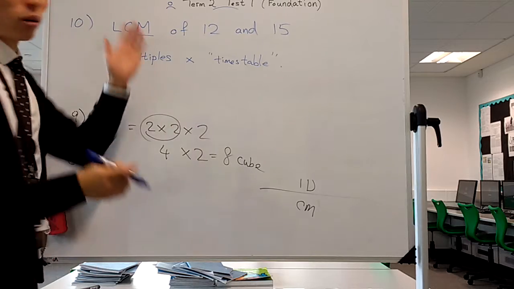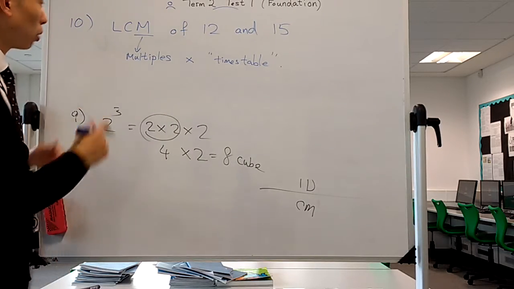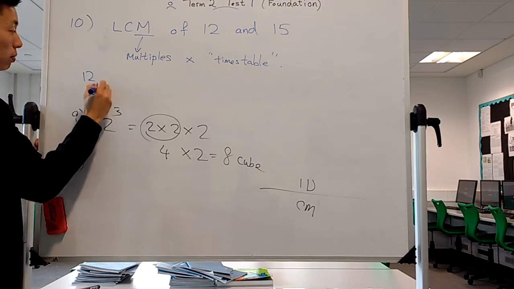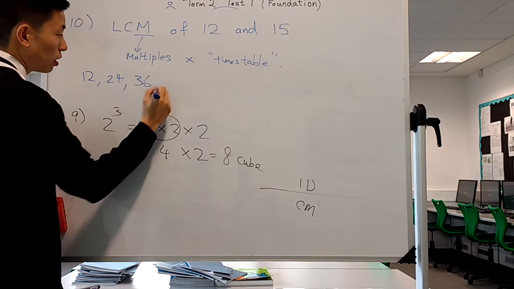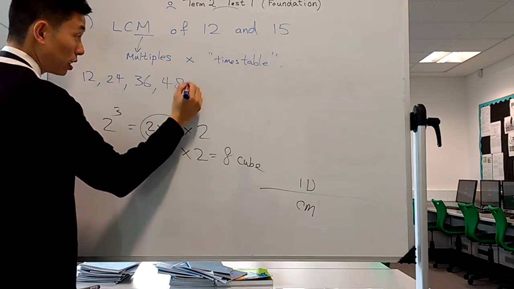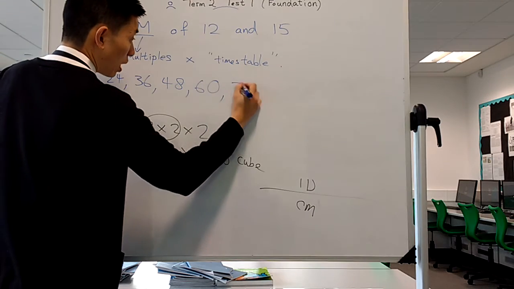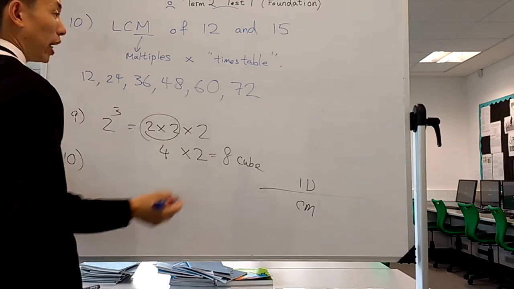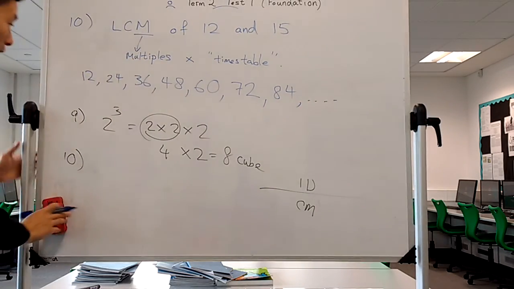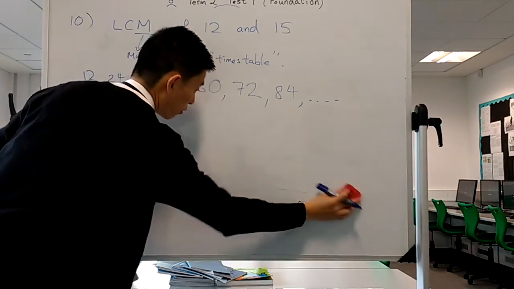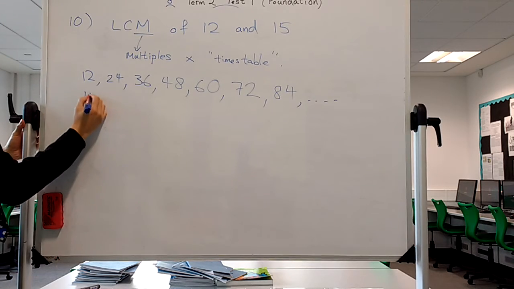So, let's write down all the 12 times table. So, 12, 24, 36, 48, 60, 72, and then 84, etc. Then we can write the 15 times table.